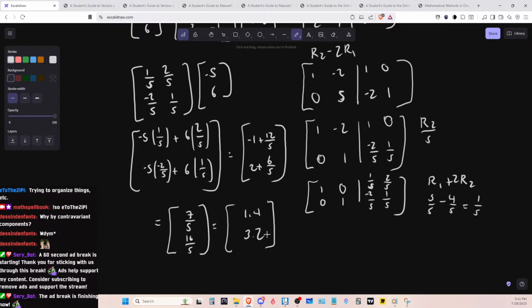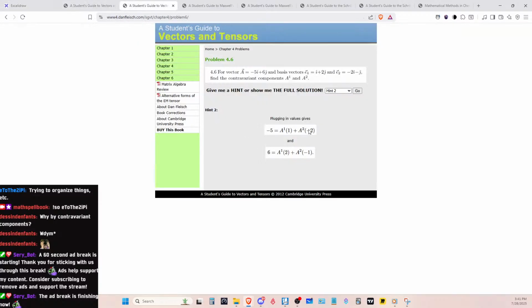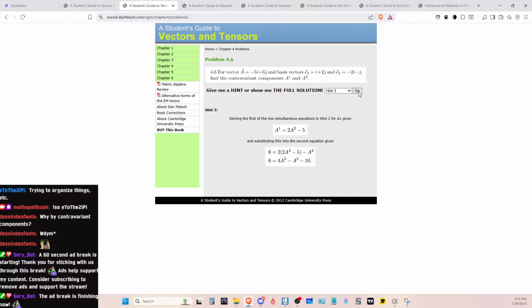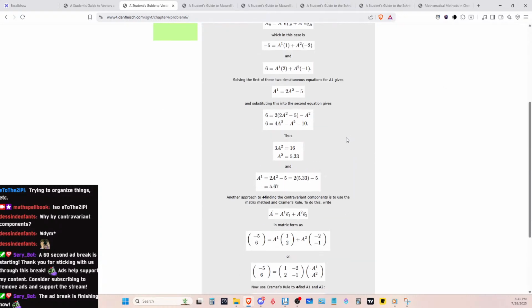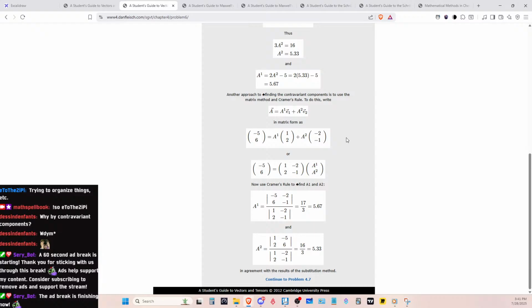Now, let's see if that is actually what A1 and A2 are. Oh, they did it in a different way.